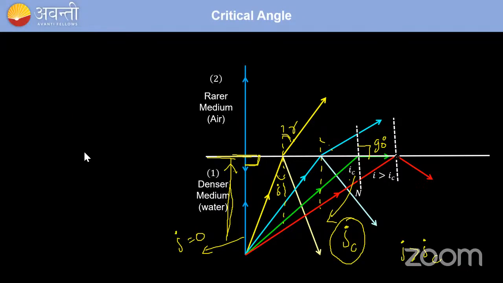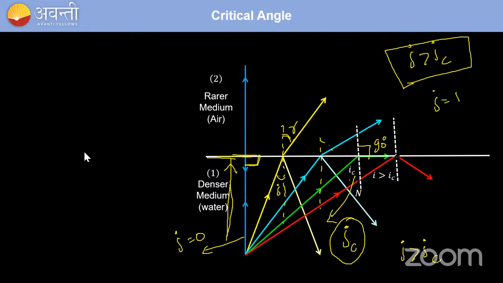In the first media itself, it is getting reflected back. So for an angle greater than the critical angle, light will not go into the second media. It will come back to the first media. And this is called total internal reflection. So for total internal reflection to happen, I should be greater than IC.